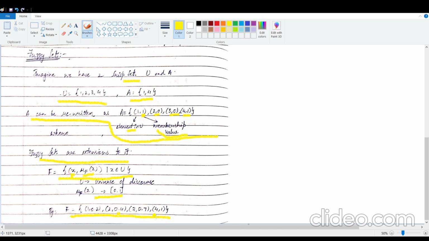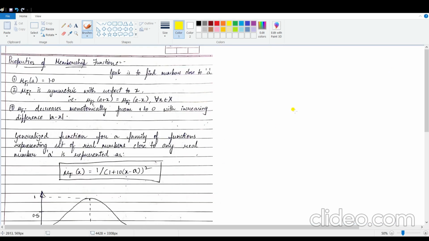Over here 4 is the only element which is totally present inside the universal set, and all the other elements are partially present. If you have 0 for any of the elements, like a 2, 0 or 3, 0, you can skip writing those elements. You need not represent them in this final representation of f.